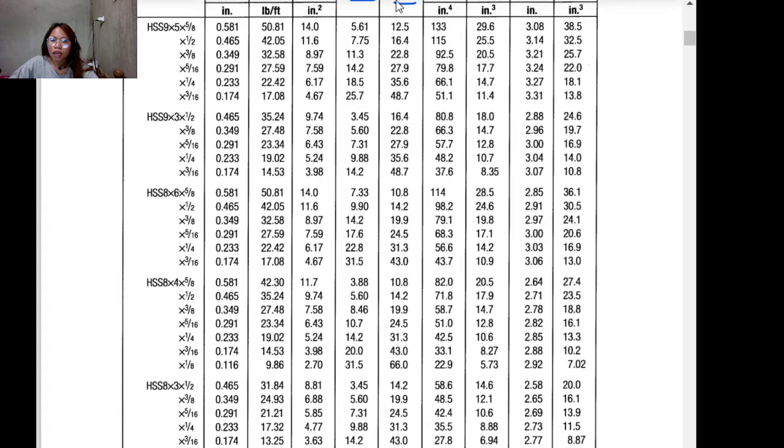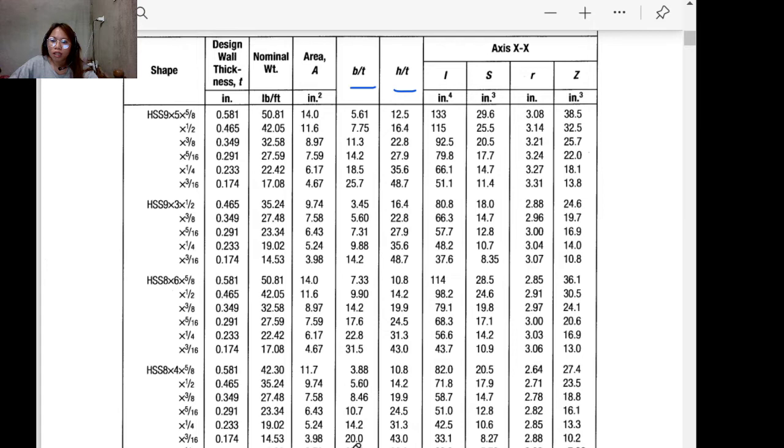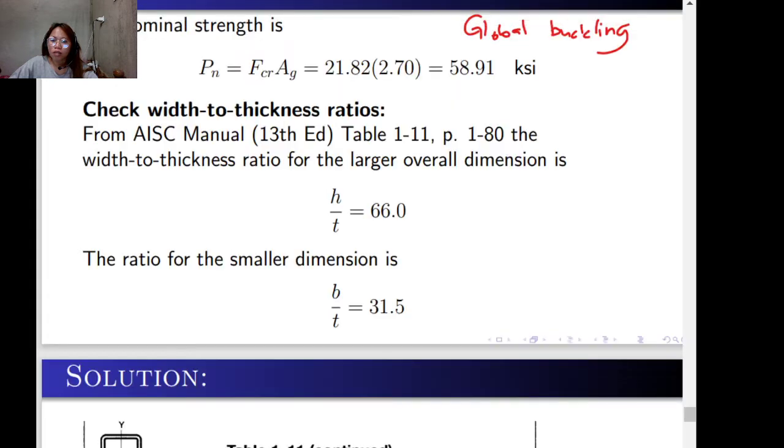So, for the HSS 8 by 4 by 1/8, the B over T is this value, 31.5, and for the longer dimension, H over T is 66.0, no?